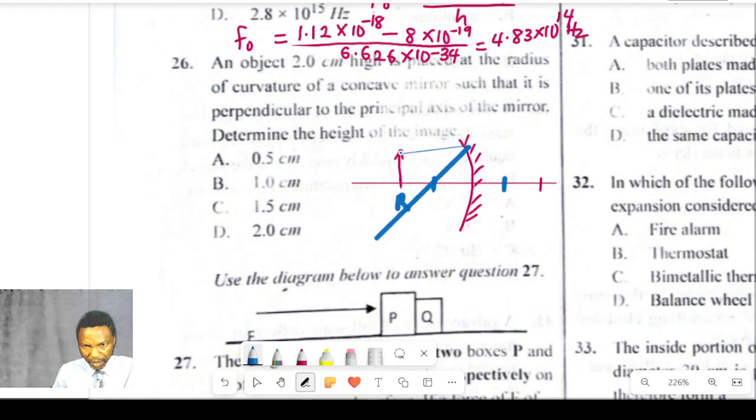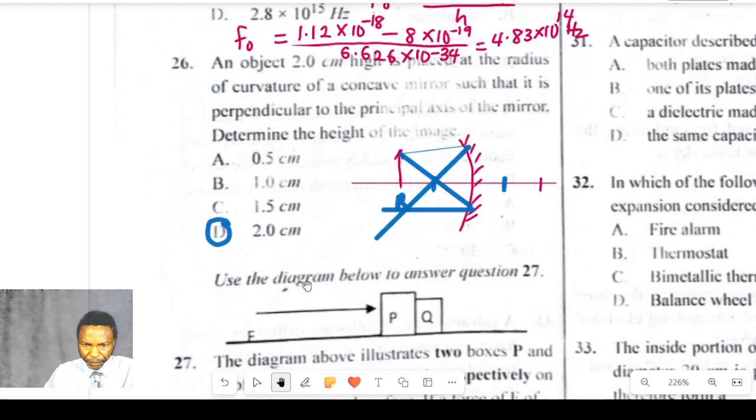Then a ray that passes through the center of curvature is reflected back through it. So the image is formed here, is inverted and is the same size. So determine the height of the image. The image is also going to be 2 cm, formed under here, but it's going to be inverted.